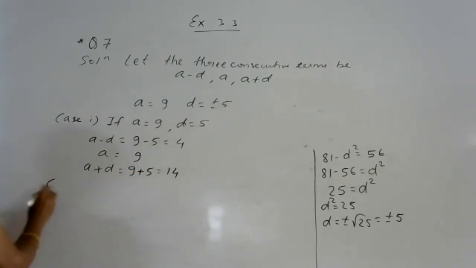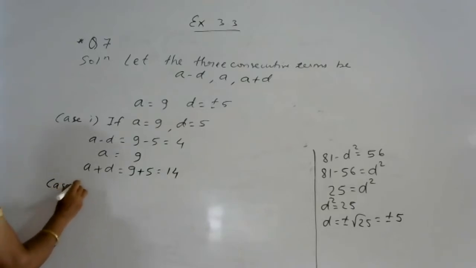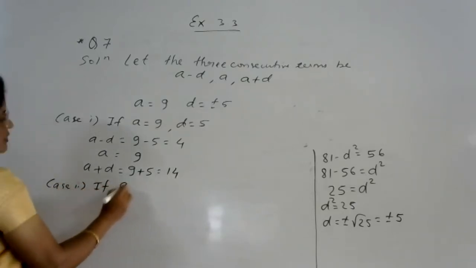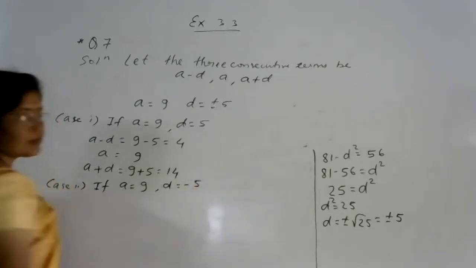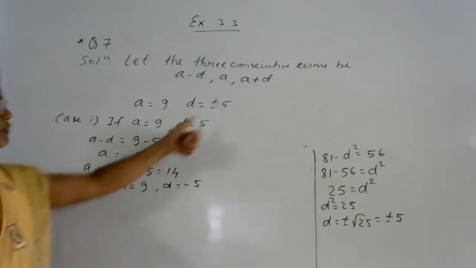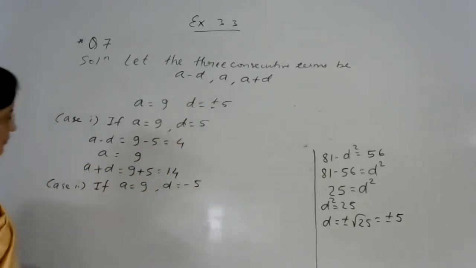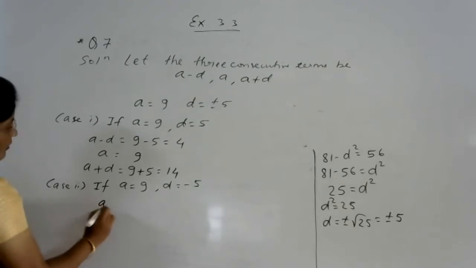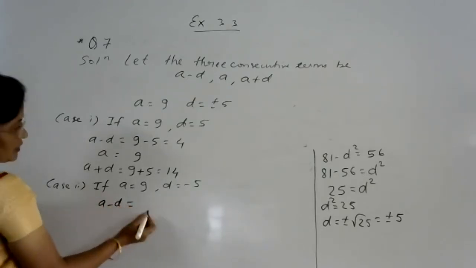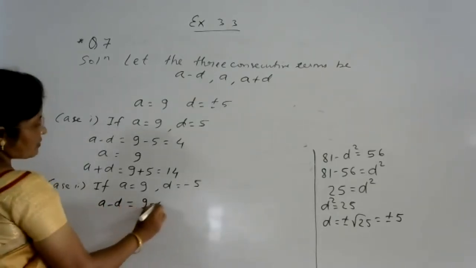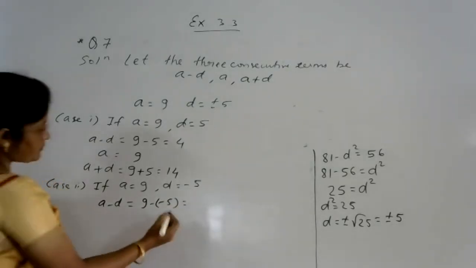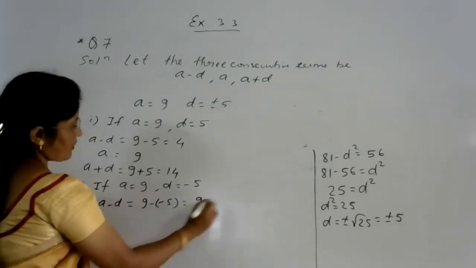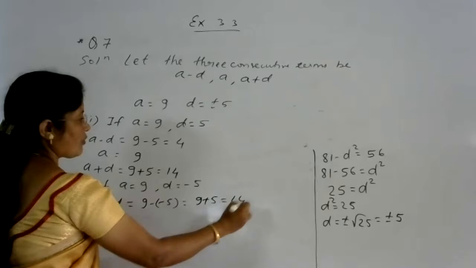Now case 2, second case, if A is equal to 9, D is equal to minus 5. Two values are there for D, so two cases you have to see. That is A minus D, 9 minus minus 5, that is 9 plus 5, 14.